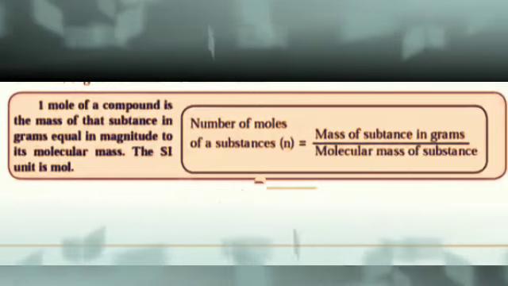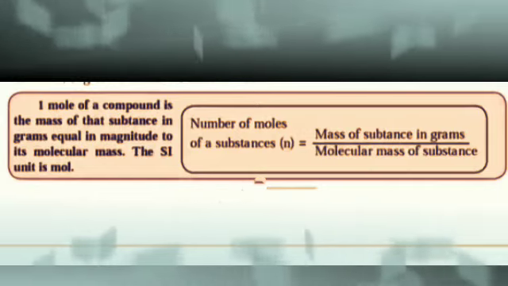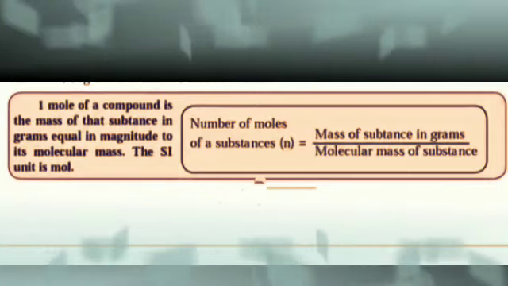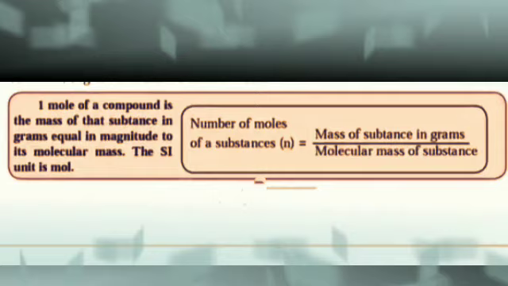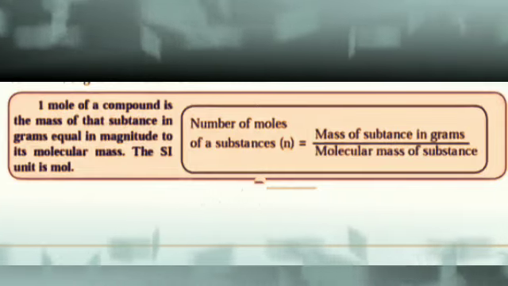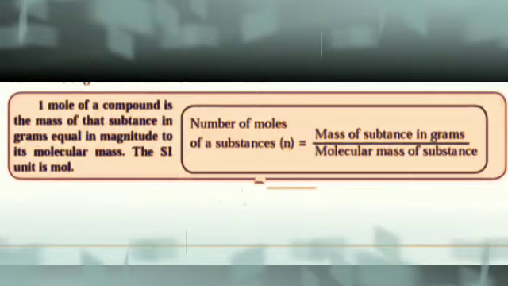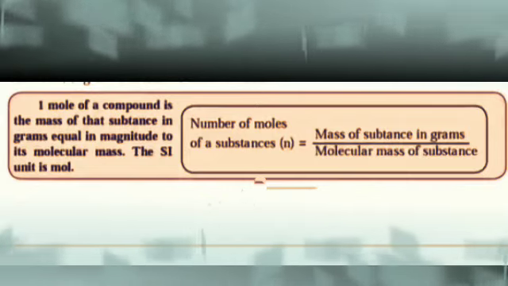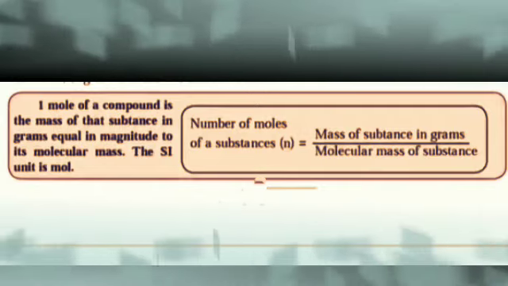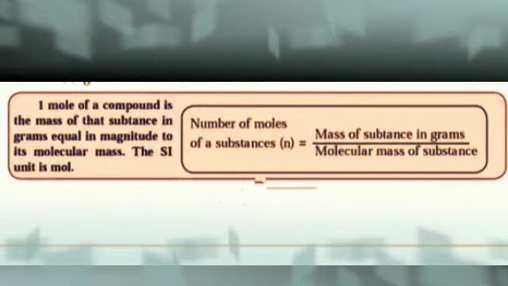However, while carrying out a chemical reaction, it is convenient to measure out quantities that can be handled instead of counting the number of atoms and molecules, and the concept of mole is useful for this purpose. A mole is that quantity of a substance whose mass in grams is equal in magnitude to the molecular mass of that substance in daltons.